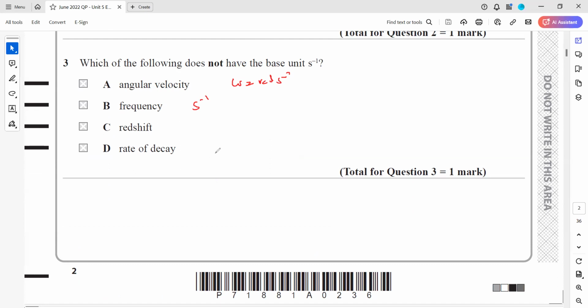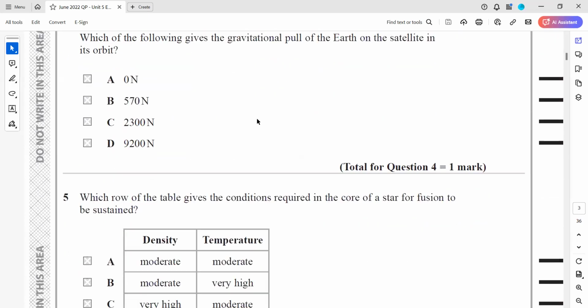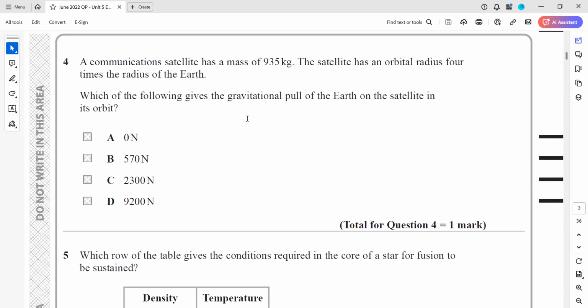Decay is how many radiations are emitted per second. But redshift does not even have a unit. It is a ratio between the change in length over the original length. So it's a ratio comparison, and comparisons cannot have units. Like refractive index does not have a unit, it's a comparison. Strain does not have a unit, it's a comparison, the ratio between change in length and original length.